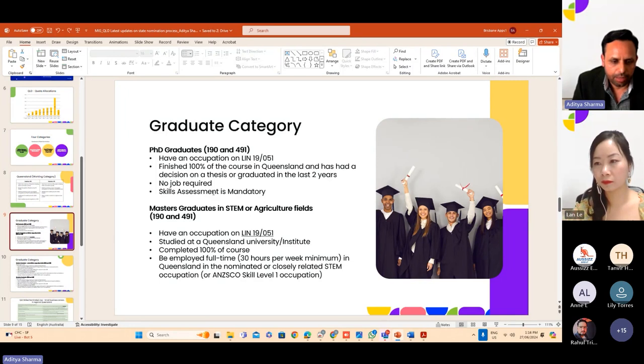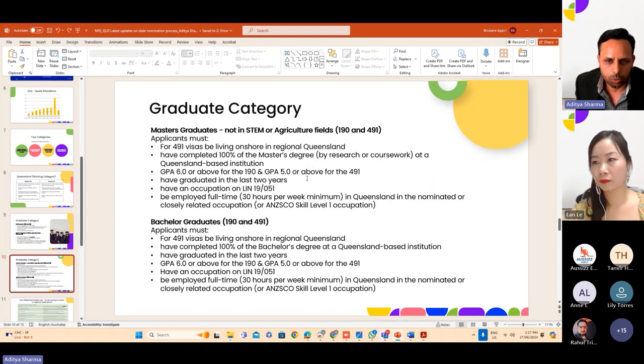And again, you need to be working 30 hours per week in a STEM occupation only. If you completed your study in STEM or agriculture, you are also eligible for the graduate category.